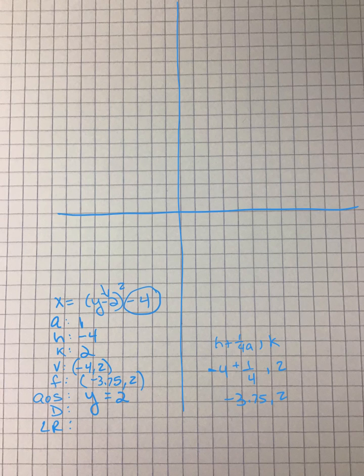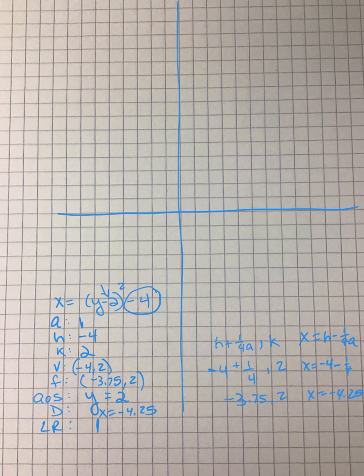Directrix, we've got to work that out over here, is x equals h minus 1/4a, which is x equals -4 minus 1/4, which is x equals -4.25. So that's an equation, x equals -4.25. And the latus rectum is 1/a, absolute value, so it's a 1.